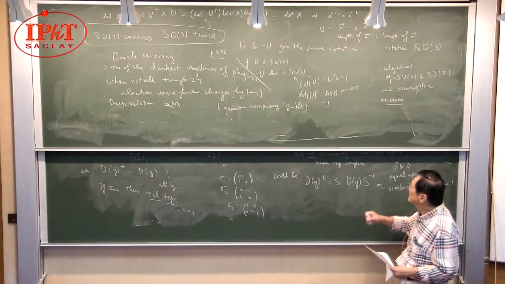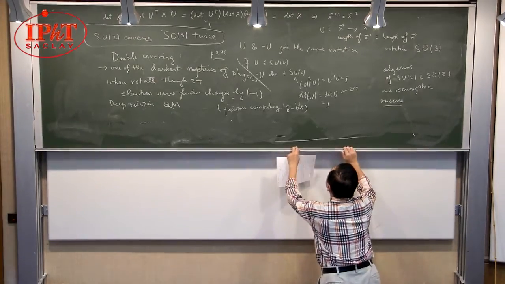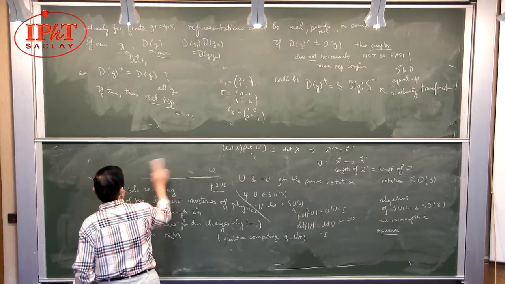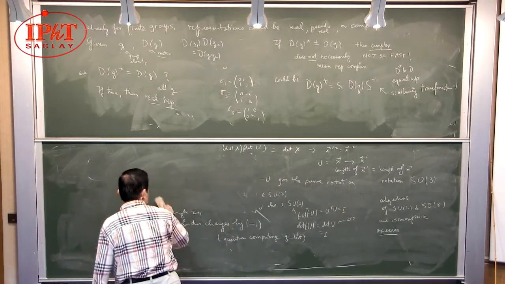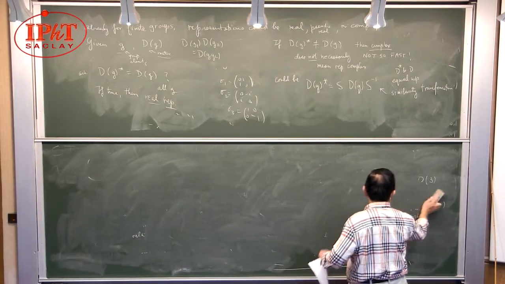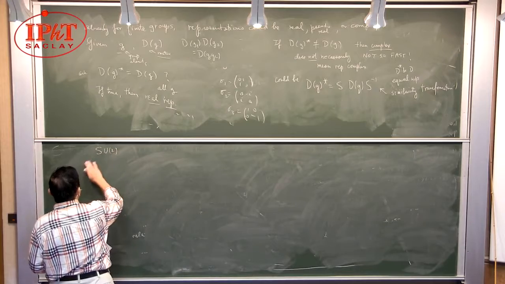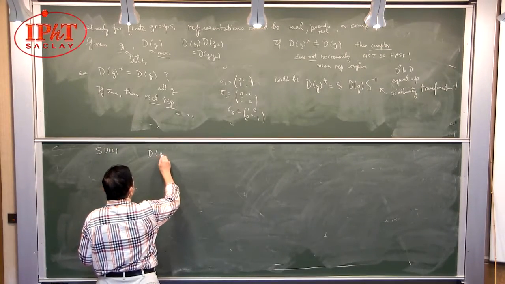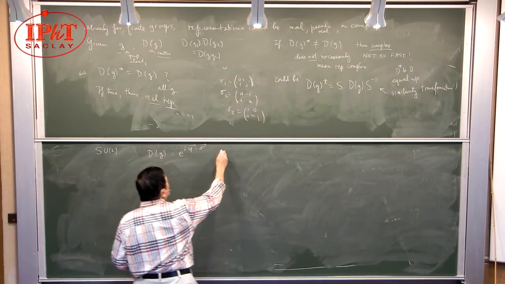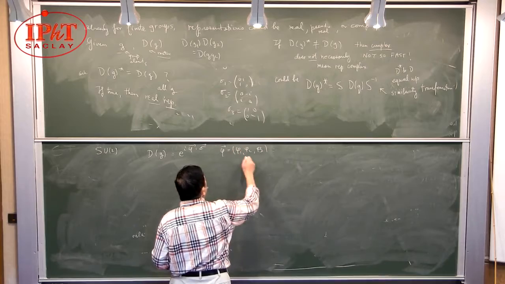Okay? So now we can go to SU2 again. In SU2, the representations of the group elements are given by e to the i phi sigma, where phi 1, phi 2, phi 3 are 3 real parameters.